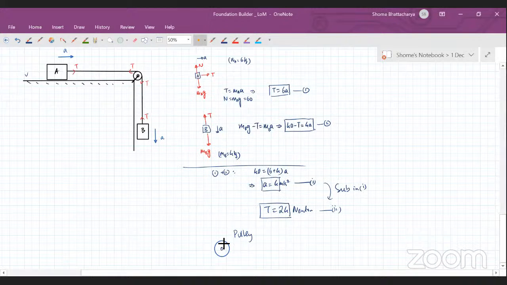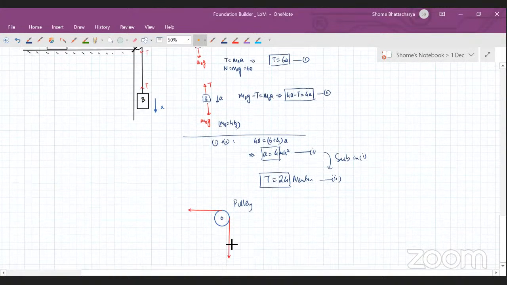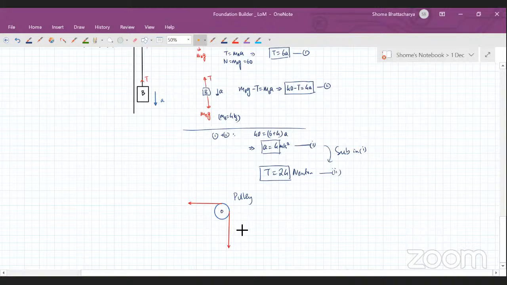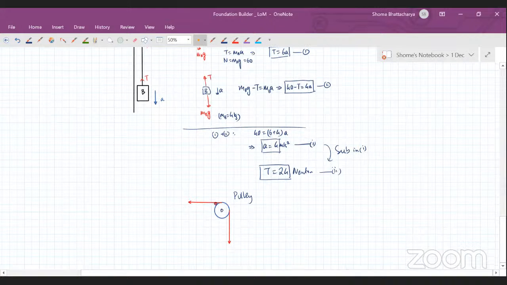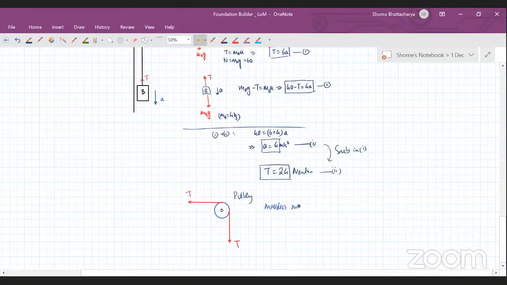The horizontal tension acting at the top like this, and the vertically downward tension acting like this. Of course, it's massless, so the pulley's own mass is tending to zero. M is tending to zero. But it's in equilibrium. The pulley is at rest.